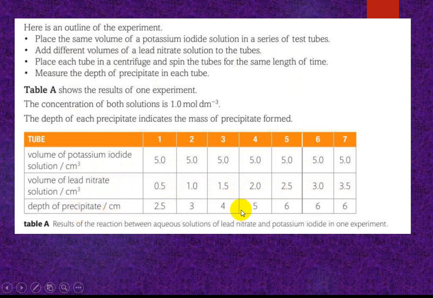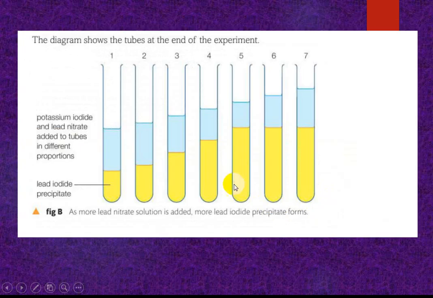And here a precipitate forms. When the potassium iodide is 5 and lead nitrate is 0.5 cubic centimeters, the precipitate depth is 2.5. Then 3, 4, 5, 6, 6, 6. Here there is no change. Can you say why there is no change from test tubes 5 to 6 to 7? The precipitate remains the same.